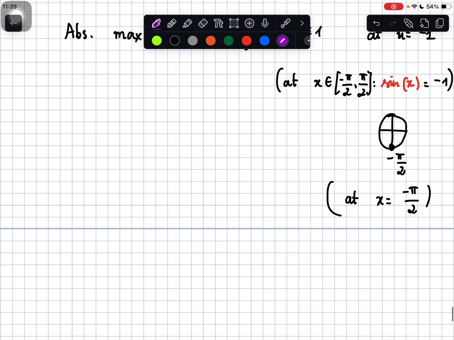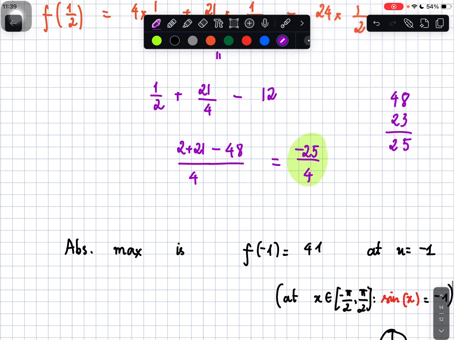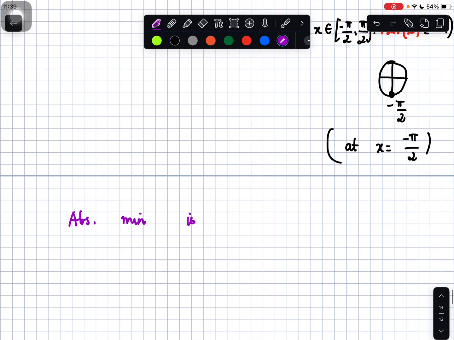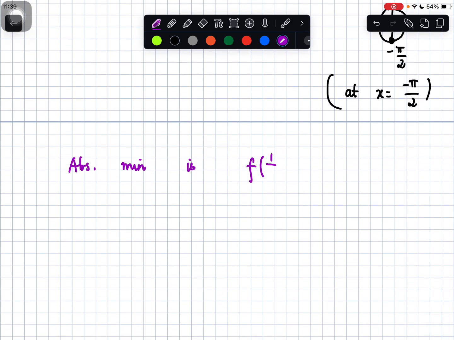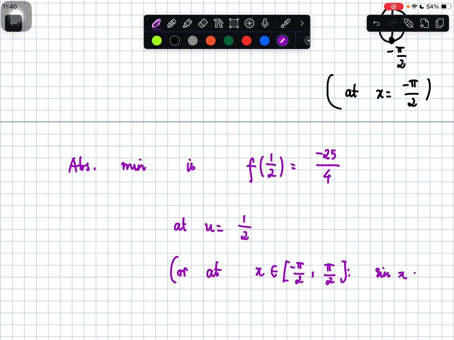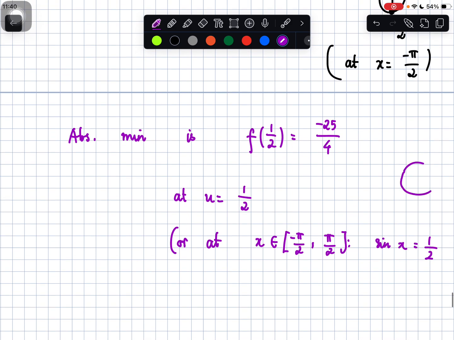And the absolute min is f of 1/2, minus 25 over 4, at u equal to 1/2, or at x between minus pi over 2 and pi over 2 with sine of x equal to 1/2.